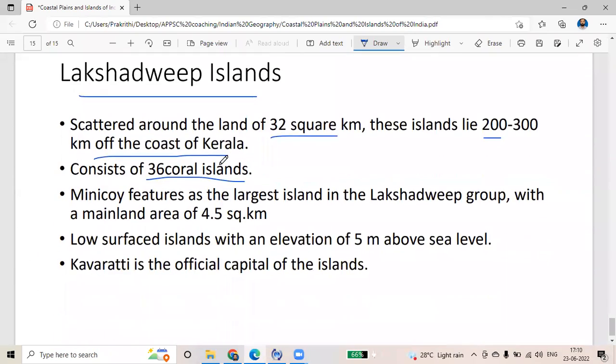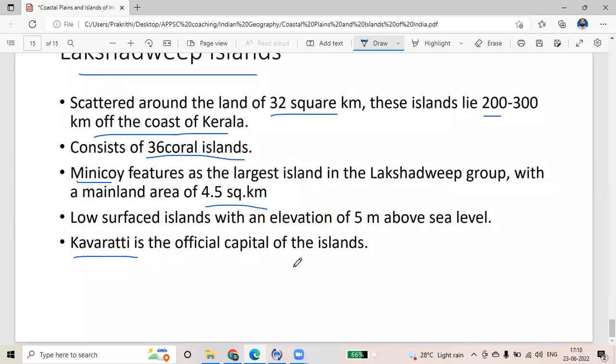This consists of only 36 coral islands, and the biggest one is Minicoy Island, of 4.5 to 4.8 square kilometer area. Minicoy Island's average elevation is only 5 meters above mean sea level, and Kavaratti is the capital of this Lakshadweep Island.